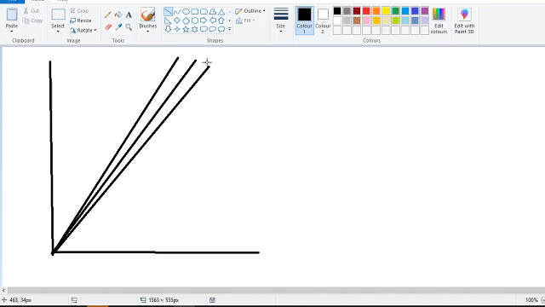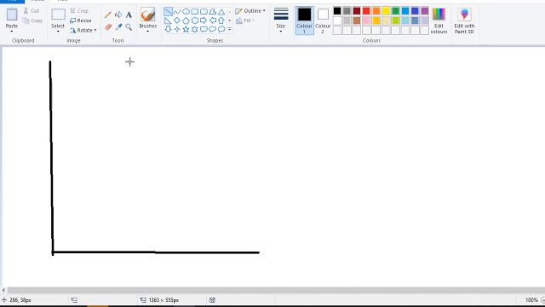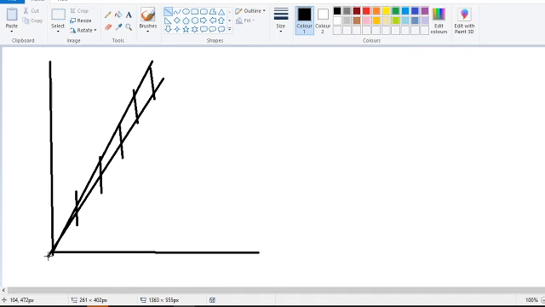Say you have five error bars. You want the lines to go through as many of the error bars as possible. So this one would try to go through the top, this one would go through the bottom, and this one would go through the actual mean points.